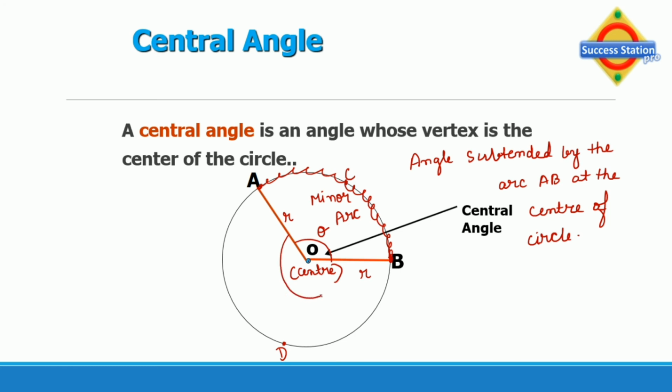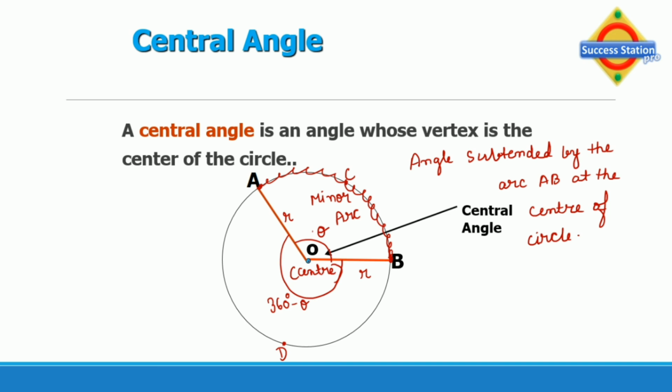Obviously this one. And the relation between these two will be, if this is theta, then this is 360 minus theta. Is it clear? So the angle subtended by arc ADB is 360 minus theta, and arc ACB is theta at the center, right? This is what the central angle is.